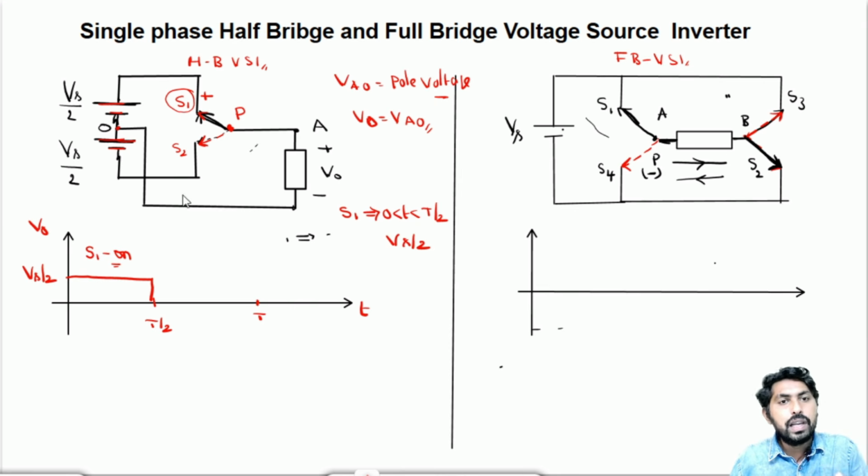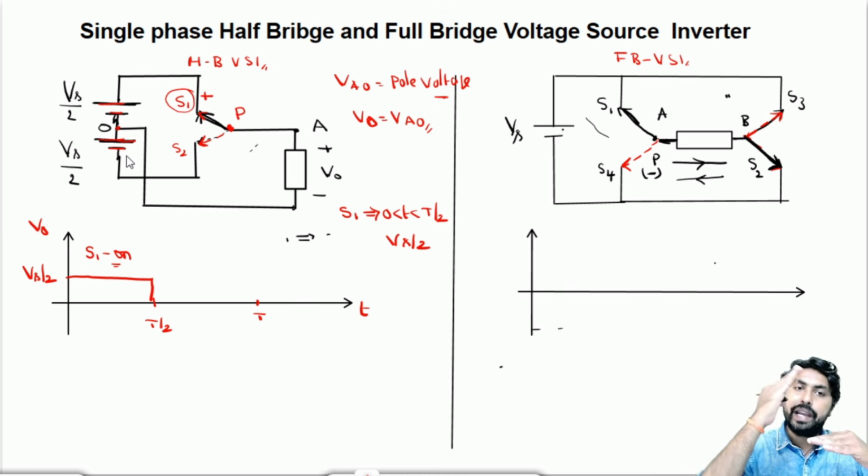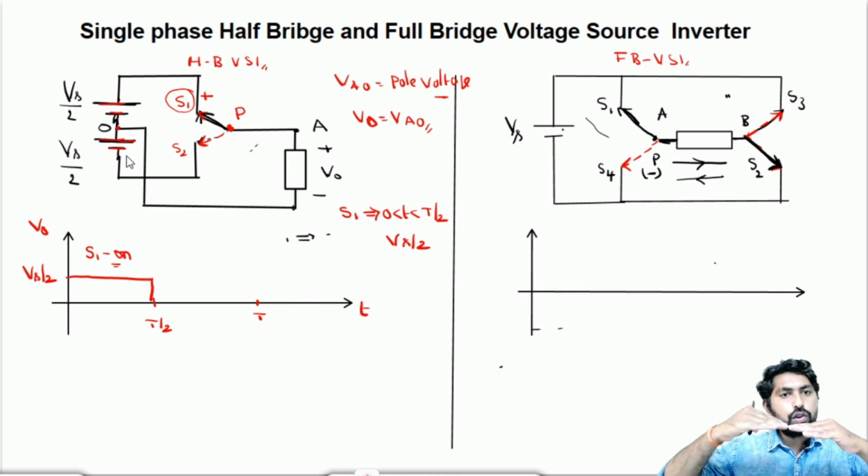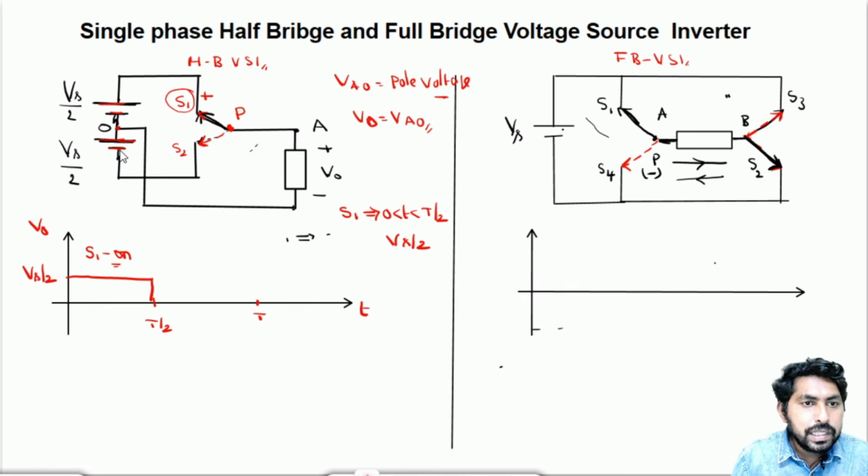In the same situation, if I close the switch to S2, what happens? This is an SPDT switch, that is single pole double throw switch, so we can close to either S1 or S2. If I close to S1, it will be Vs by 2. If I close to S2, the negative is connected to the S2 terminal, so A is connected to the negative, and it will be minus Vs by 2.